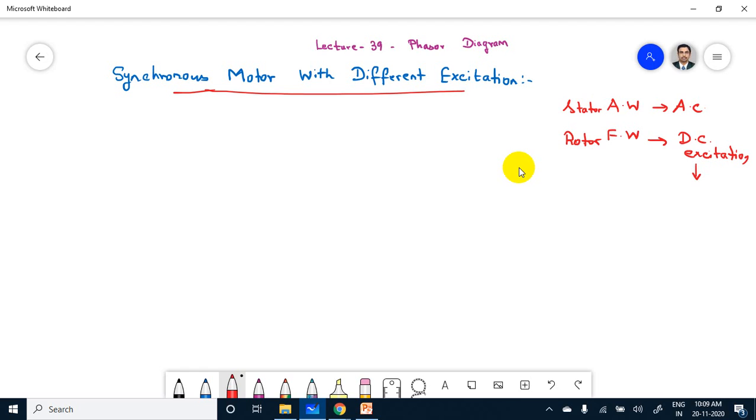Now if you change this DC excitation step by step, there will be changes in the parameters available inside the machine. Changes in parameters.